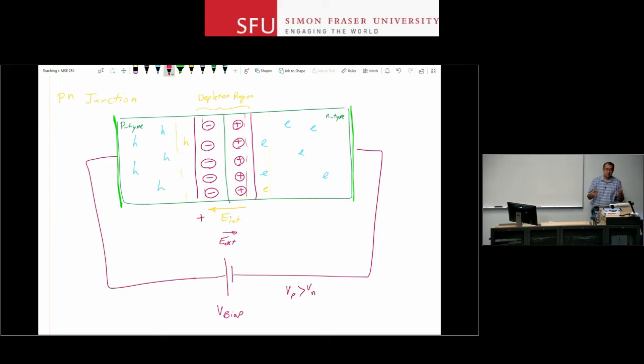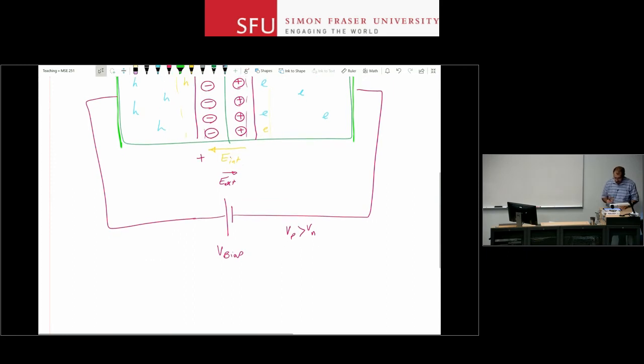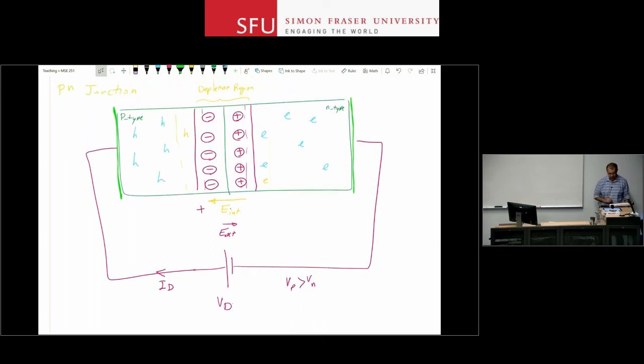As it turned out, the relationship between the voltage that you're applying and the current, basically the movement of the electrons and holes, is exponential. So if you go and do the math, I'm going to rename this V bias to VD, and label this current as ID.